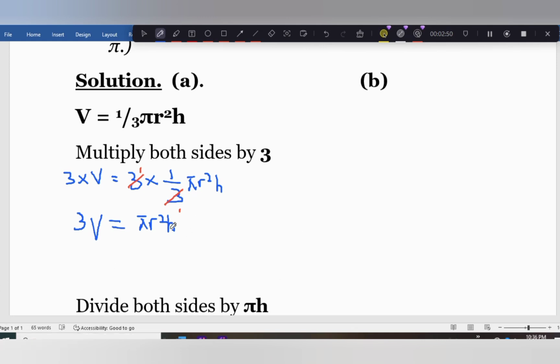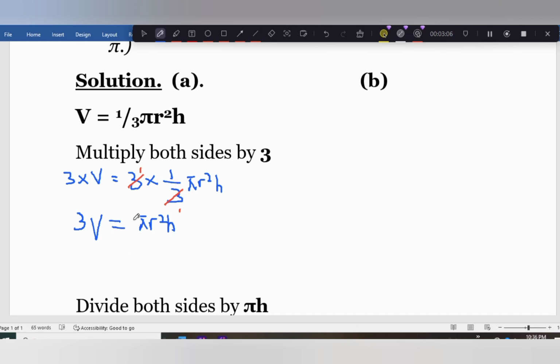The next thing for us to do, in order to make r squared stand alone, is to divide both sides by pi h, so that r squared will be left alone here. Thereafter we complete the answer.